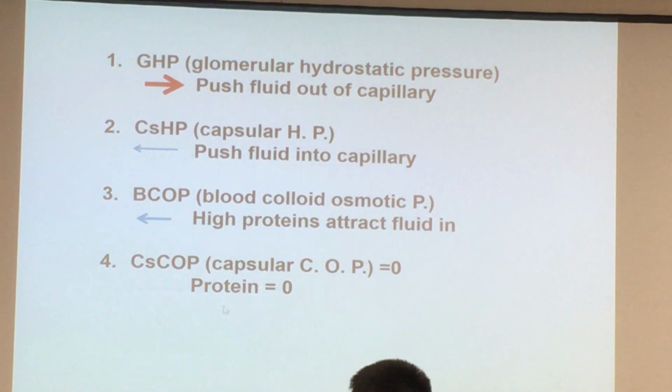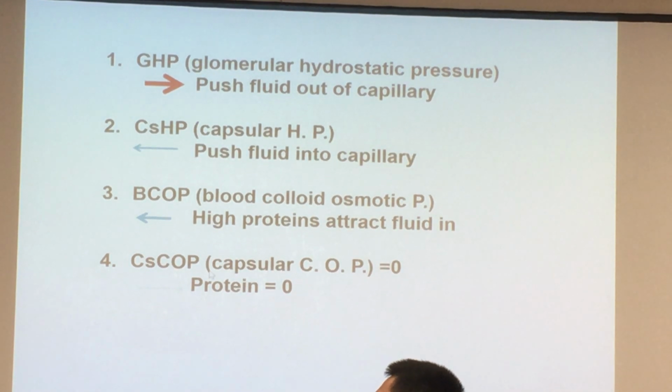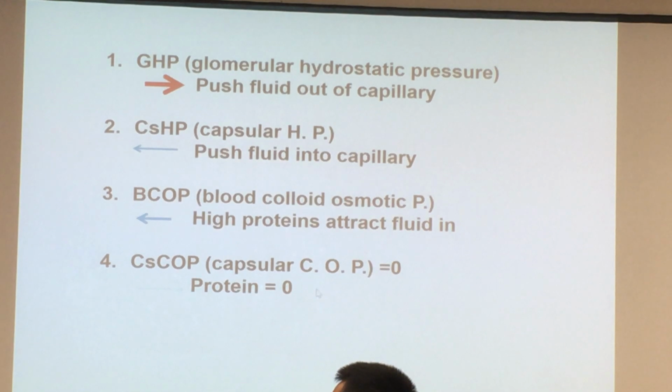The other thing, if in the capsular space there are some proteins, they also can attract the fluid out. But this one is equal to 0. And from the capsular space, we have one pressure pushing in, the hydrostatic pressure, and one pressure attracted by the high protein inside the blood capillary, and that's osmotic pressure.